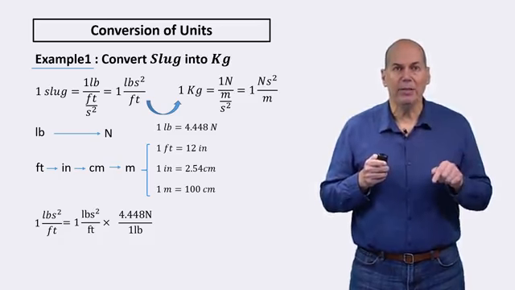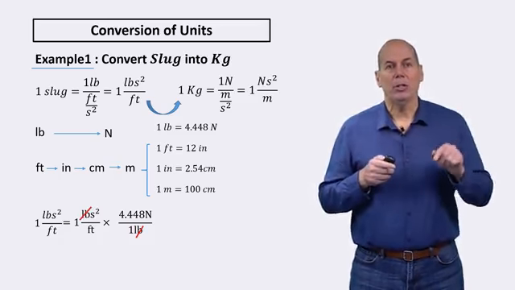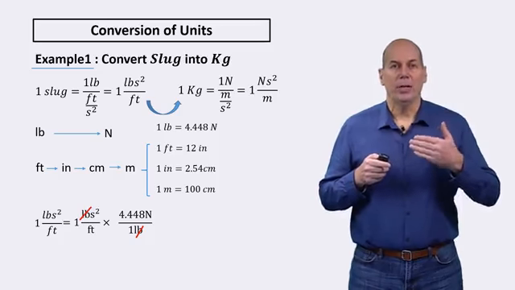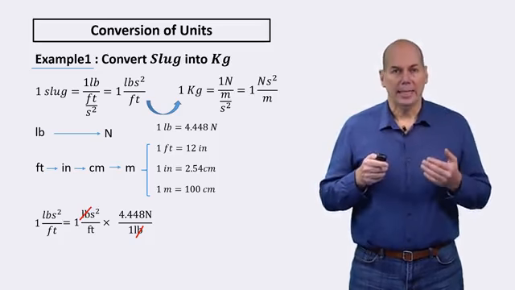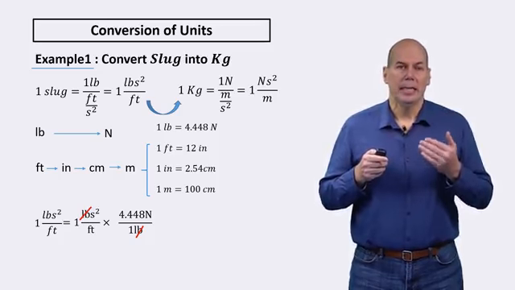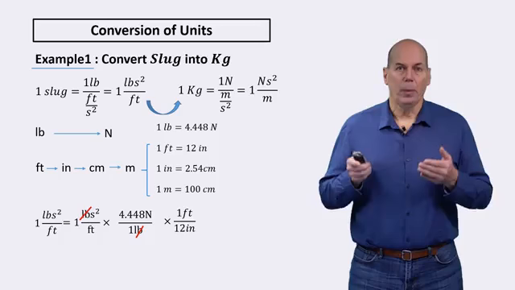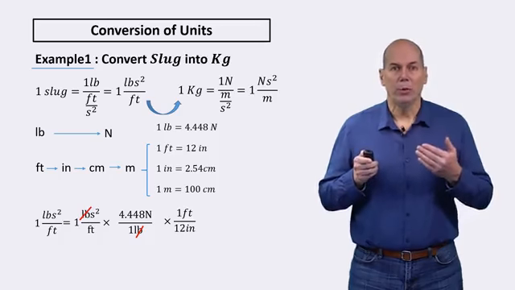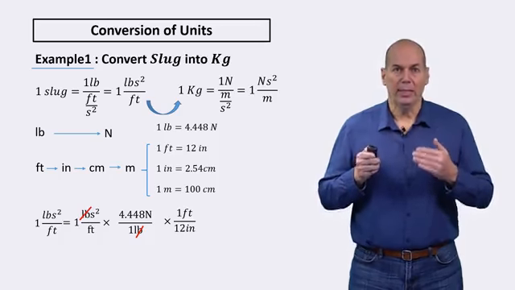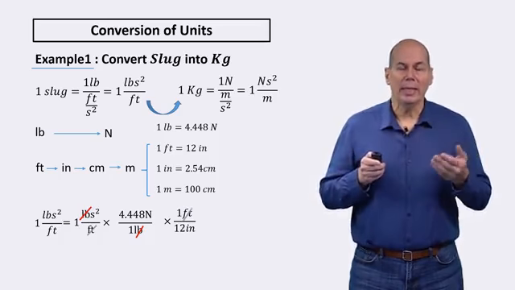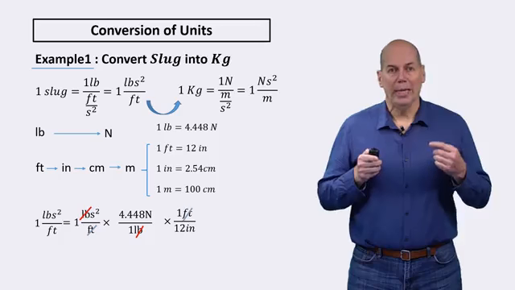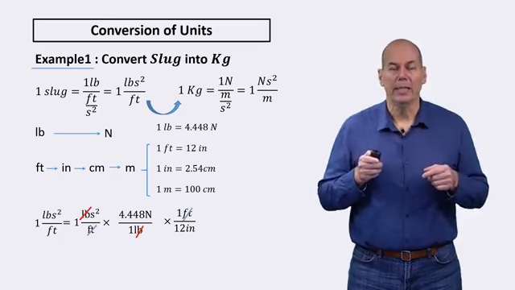However, what we achieved is that now the pounds can be eliminated and we have already Newton. In the next step, we eliminate feet by multiplying with 1 foot over 12 inches, this factor, which is equal to 1, and which allows us to eliminate the unit of feet.